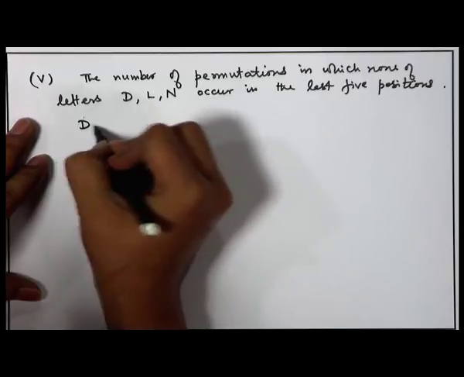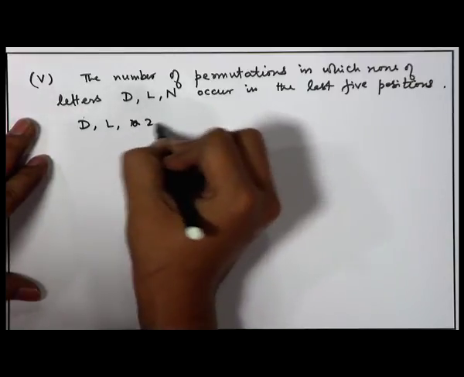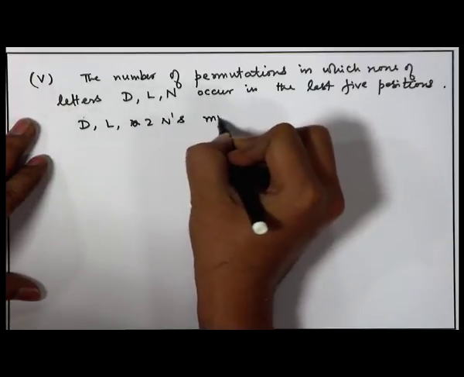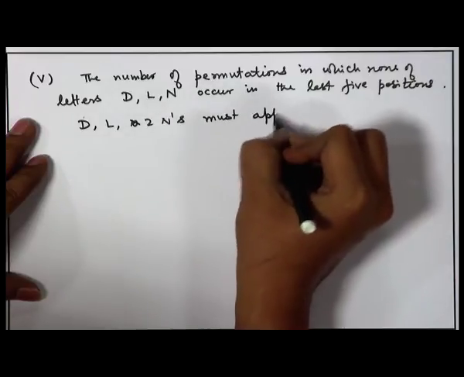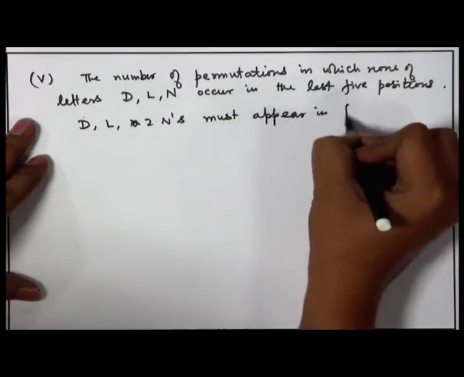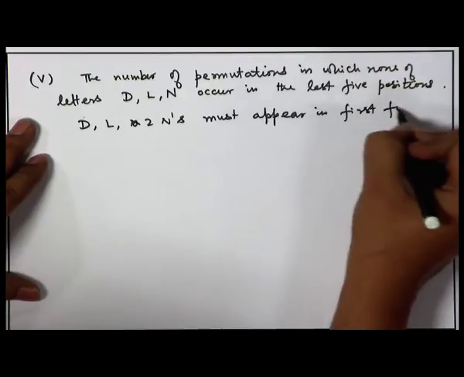So, D, L and 2 N's must appear in the first 4 places, that is fixed now.